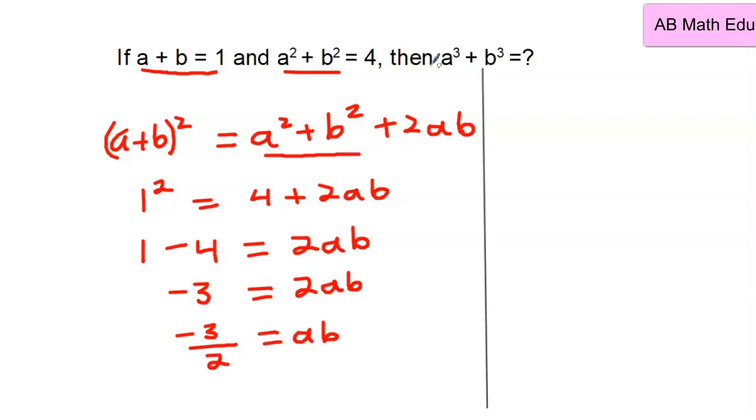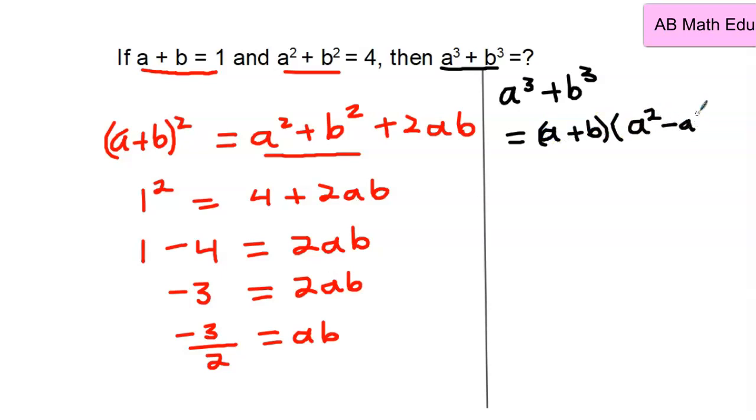Now let's go ahead and expand a cube plus b cube, which will give us (a plus b) times (a squared minus ab plus b squared). That's the expansion form of a cube plus b cube.